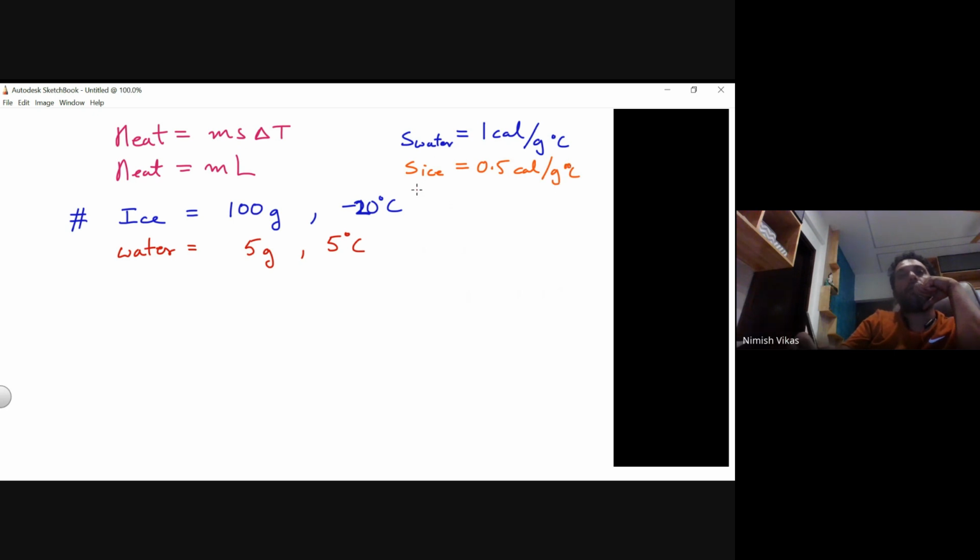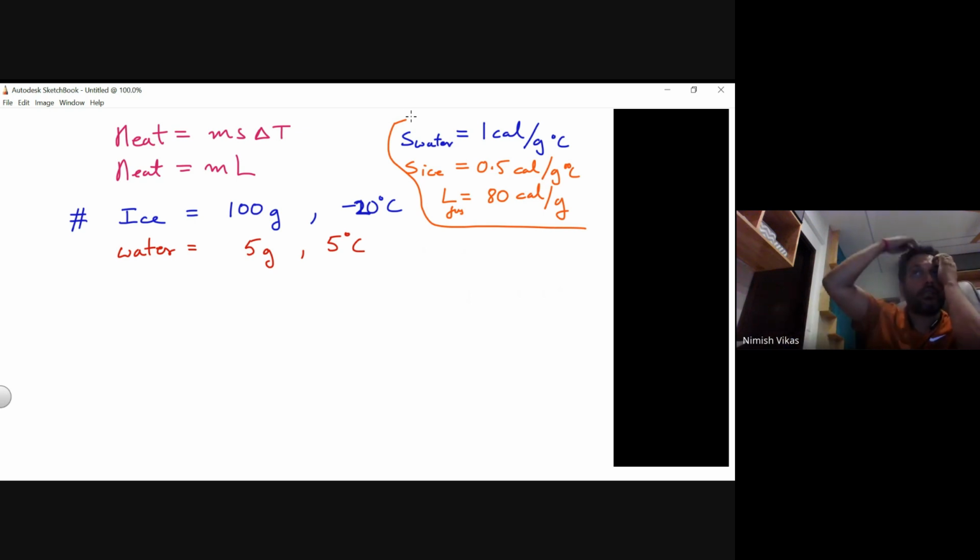And then the latent heat of fusion, that means ice becoming water, is massive, 80 calories per gram. Therefore icebergs floating in the sea keep on floating, they just don't melt away. Okay, so tell me why it is negative.